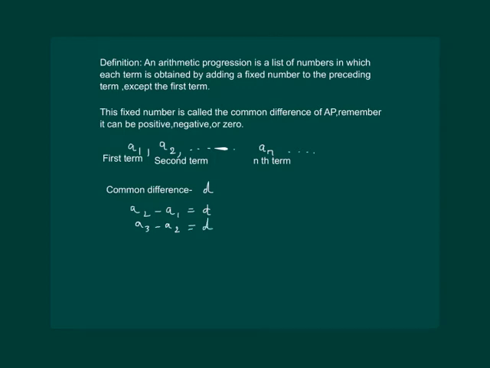For instance, consider the list. Here first term is 6. And the common difference will be 9 minus 6 gives us 3. So that means we can obtain the next term by adding 3 to the preceding term.